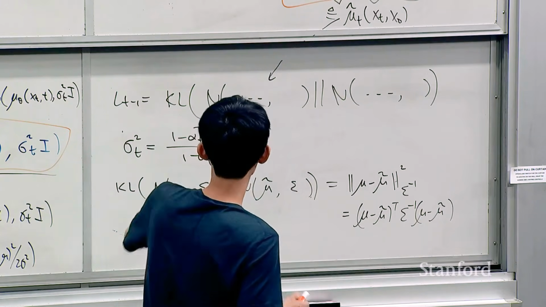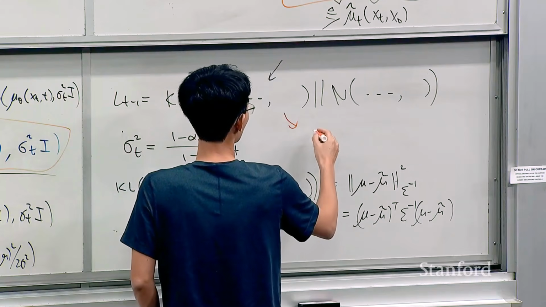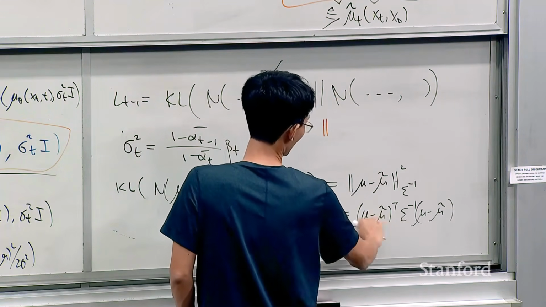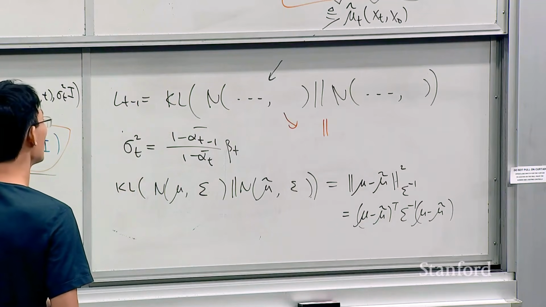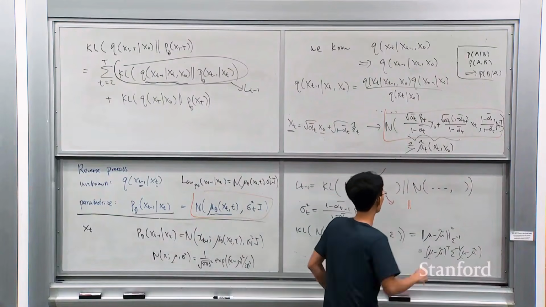In this particular case, if you plug in all of these numbers, you are looking mostly at the difference between the means, which is this mu_theta versus this mu tilde.